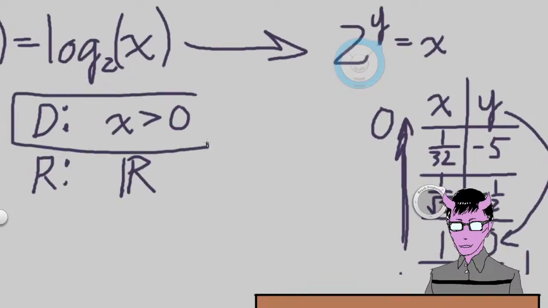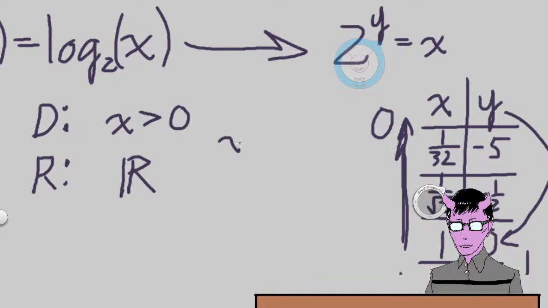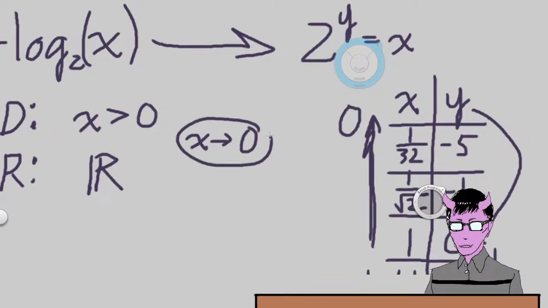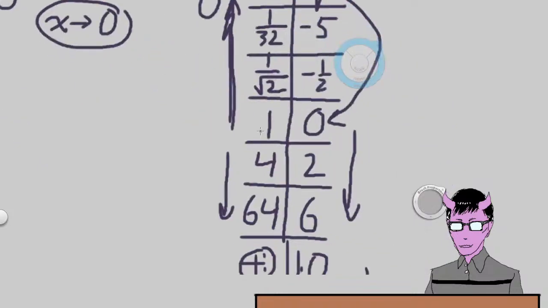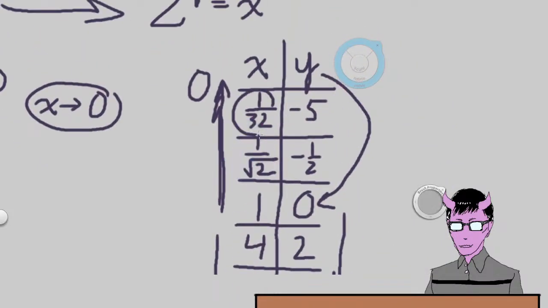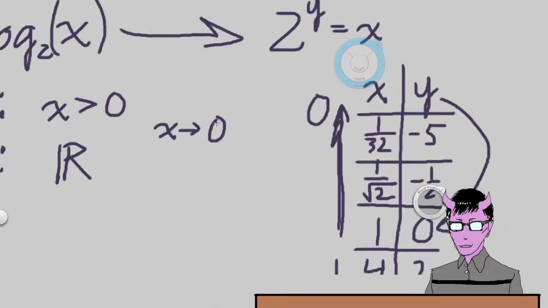So expanding upon this domain idea, we could say something like this. As x approaches 0, this means that we are plugging in values of x starting from 1 to 1 over root 2 to 1 over 32, for example. And we could pick x values that are creeping closer and closer to 0. But we have to pick positive values.